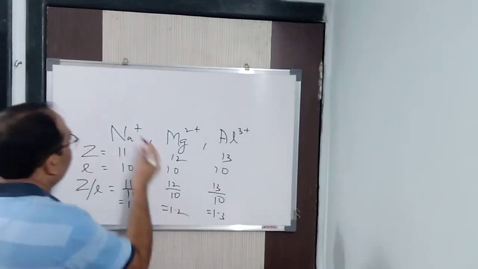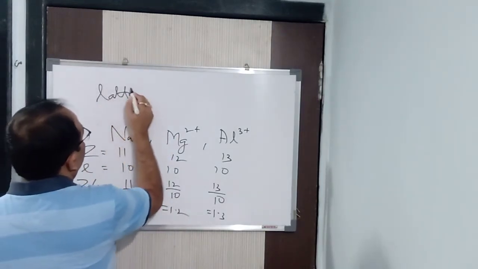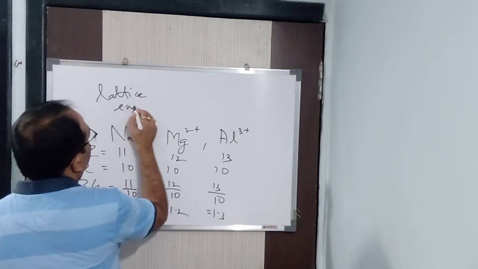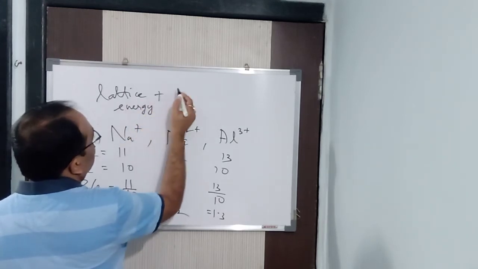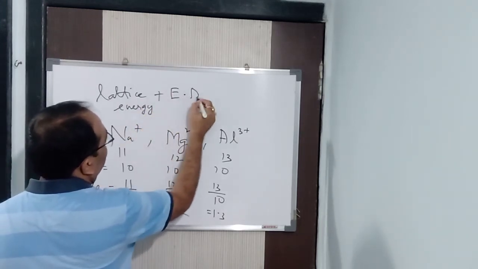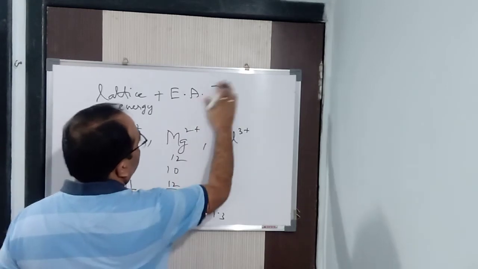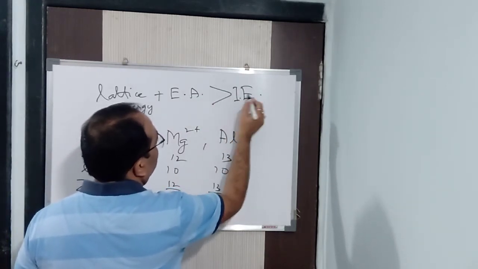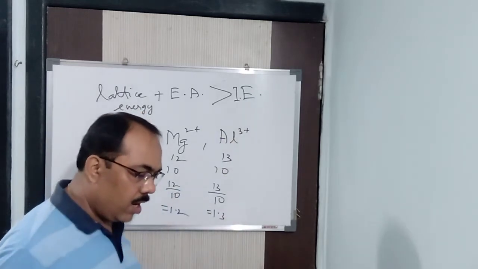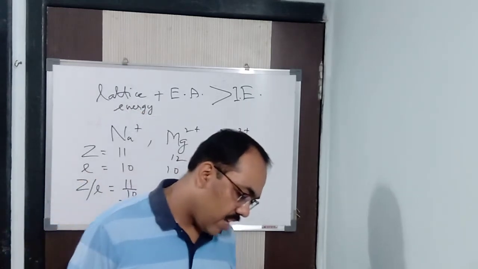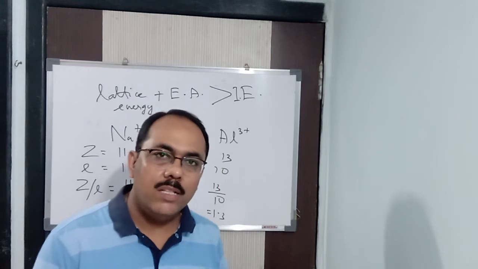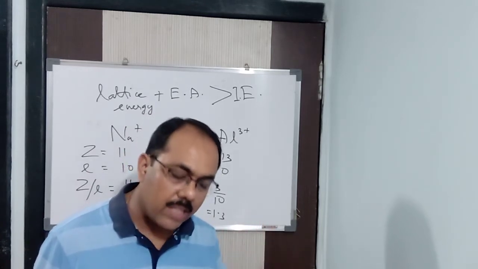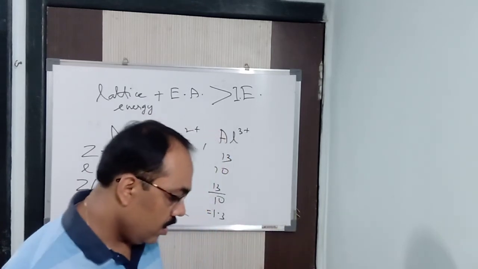If lattice energy plus electron affinity or electron gain enthalpy is greater than ionization energy, then it will result in the formation of a stable compound. The net effect is that a large amount of energy will be released and the ionic bond is formed, and that is also a stable bond. Clear?